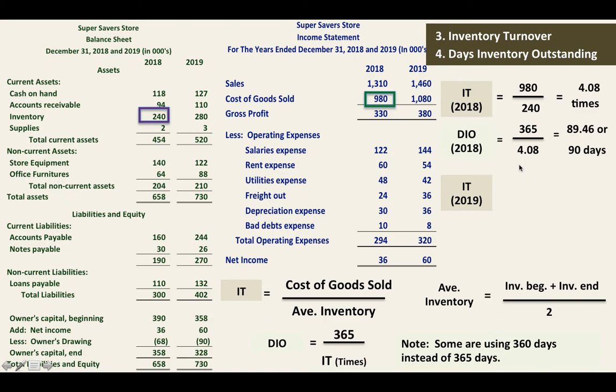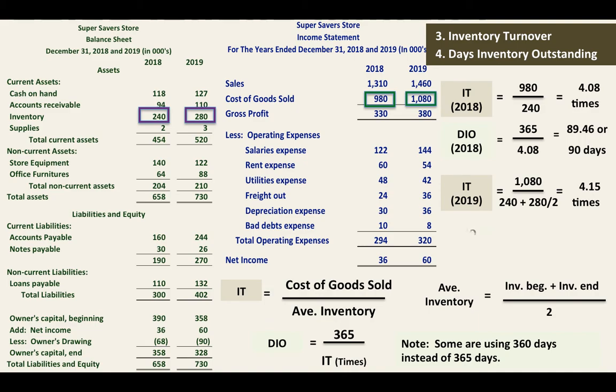And for 2019, we will have the cost of goods sold of 1,080 divided by the average inventory, which in this case we already have the average because we already have the beginning plus the ending of 280. Getting the average, doing the mathematical calculation, you will have 4.15 times.